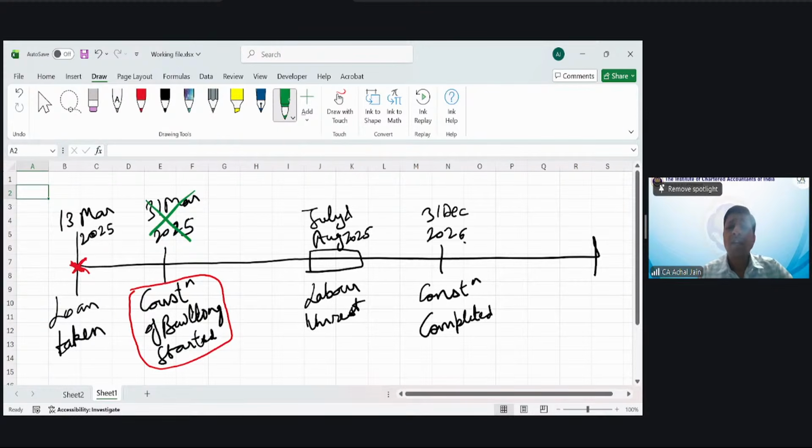Let's suppose the construction of the building got started from 31st of March 2026. Okay, let me just change this. Construction started from 31st March 2026. What is going to be your answer now? When do you start the capitalization?